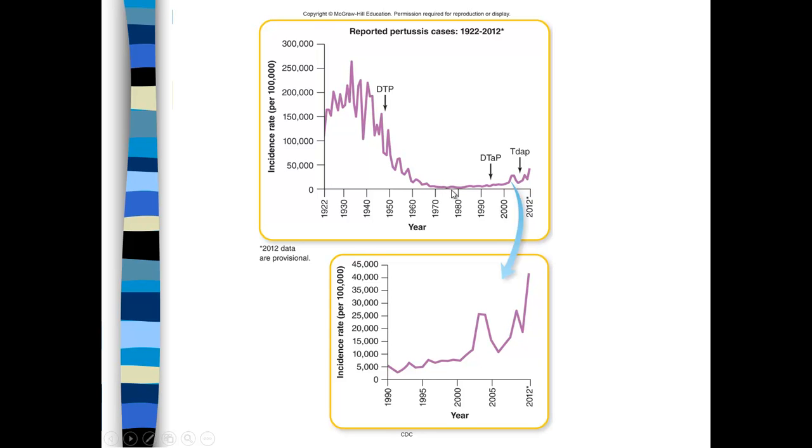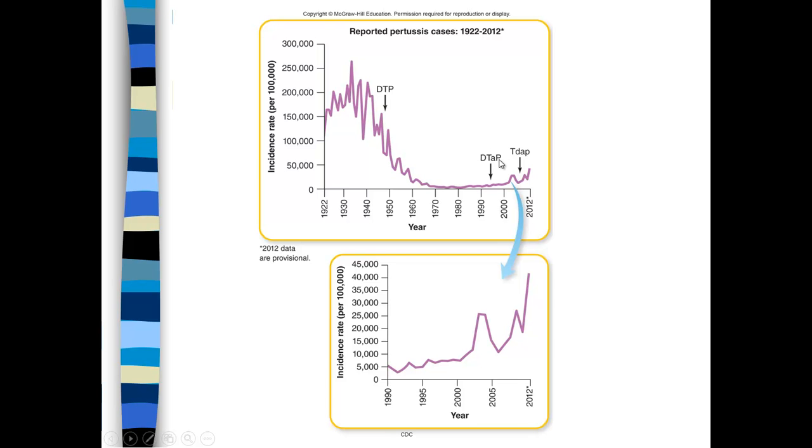The DTaP vaccine was introduced. Actually, this is incorrect. It's 1995, but the DTaP vaccine was around earlier than that. But when it was more widely used and they phased out the DTP in 1995, this started an increase in pertussis cases, because the aP stands for acellular pertussis, and the acellular pertussis portion is ineffective in preventing pertussis.